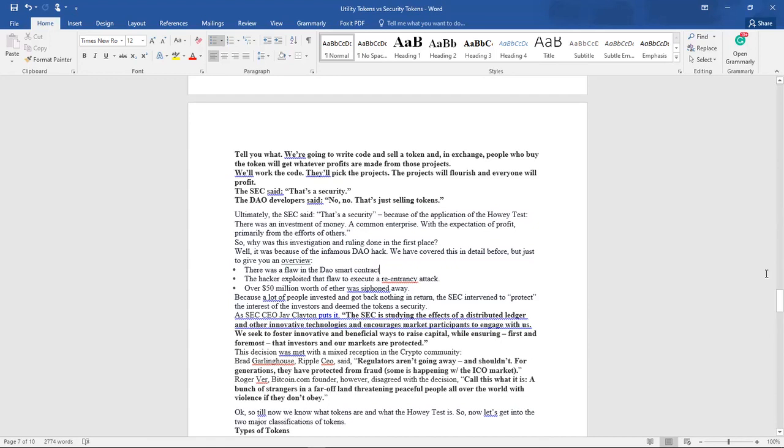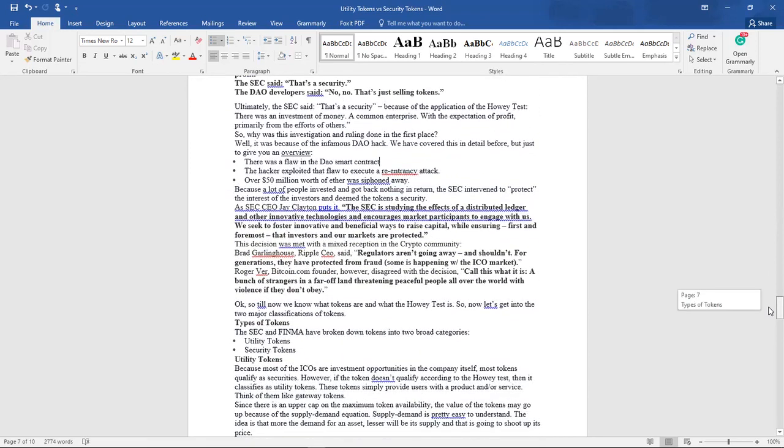So now we know what tokens are and what the Howey test is, and we now need to dive into the types of tokens. According to the SEC and FINMA, they have broken down tokens into two broad categories: utility tokens and security tokens.